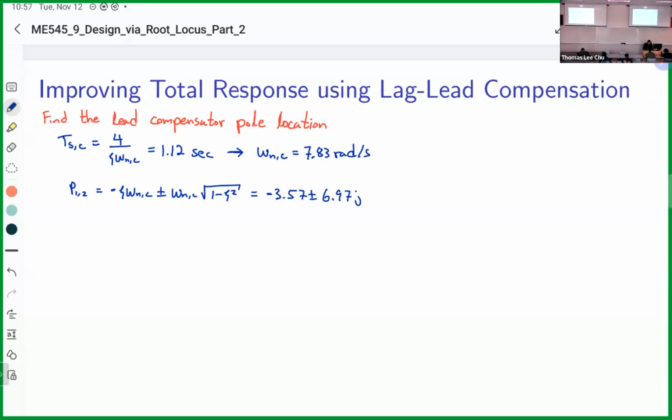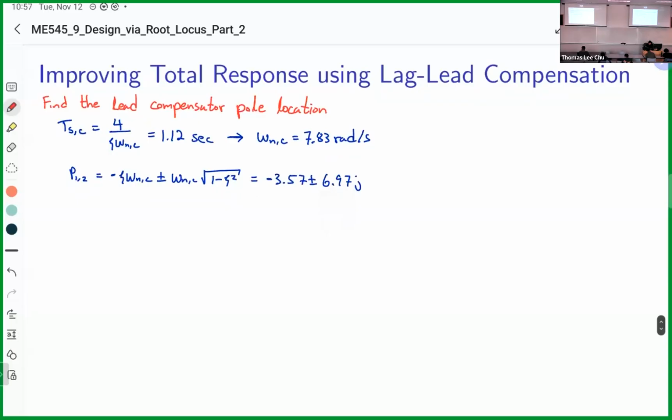Okay, so from there, we want the root locus to pass through that point. I want the root locus to pass through here. But for lead design, we want the zero to be to the right, or the pole to be to the left.